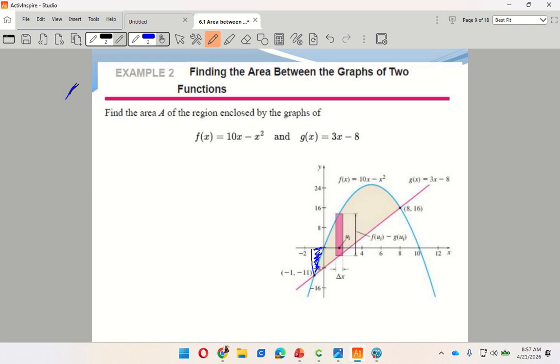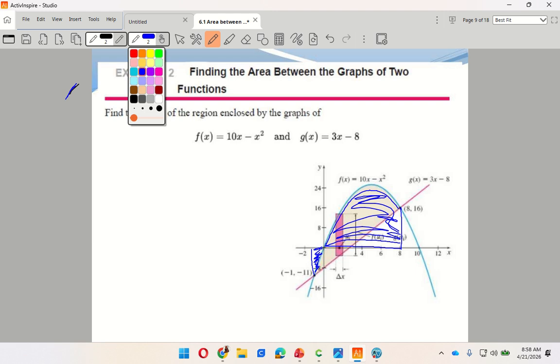So just the blue itself. Okay. Minus the bottom.